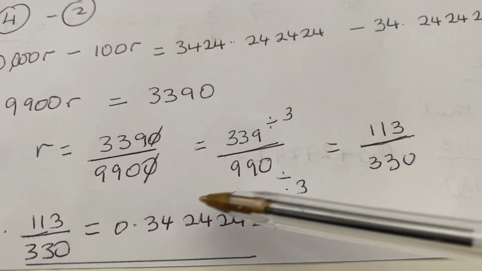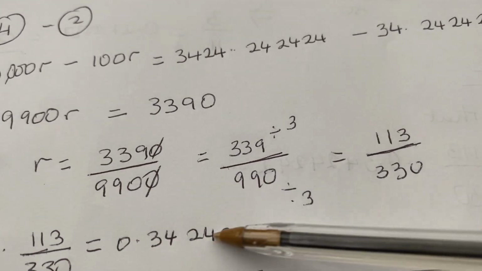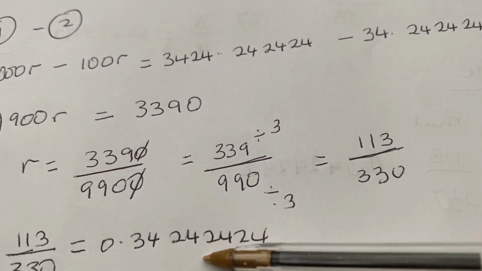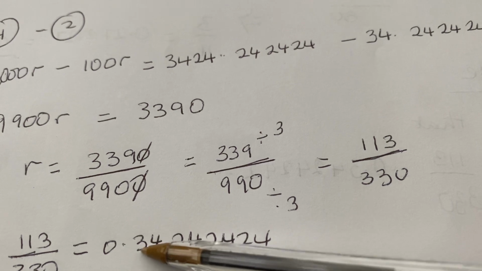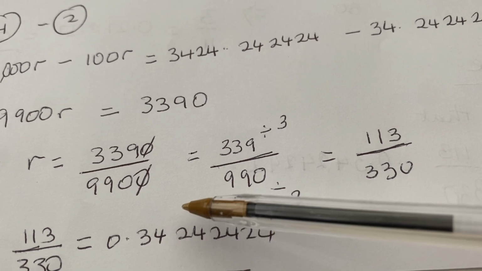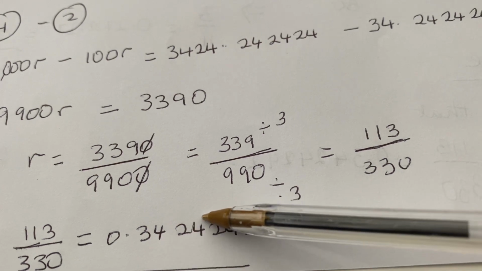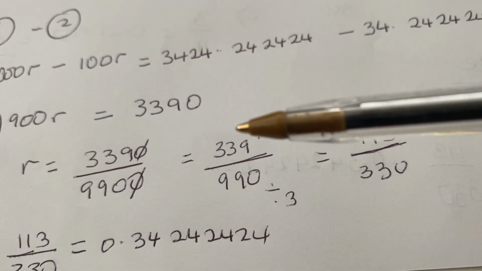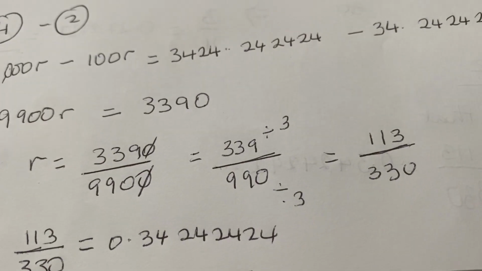So I have proved that this recurring decimal, if I want to shorten it, I'll do 0.3424, and then my 2 dots will be at the top of the 24 to show that the 2 4 recur.